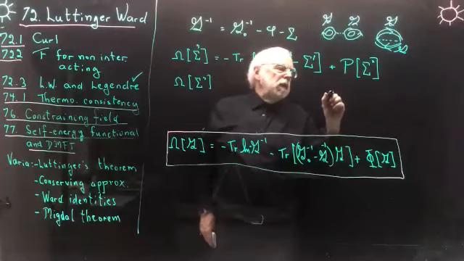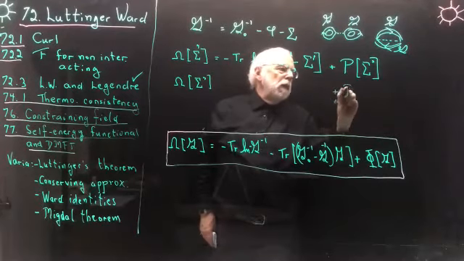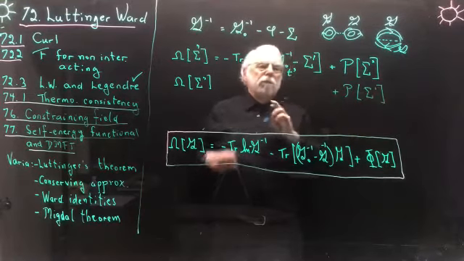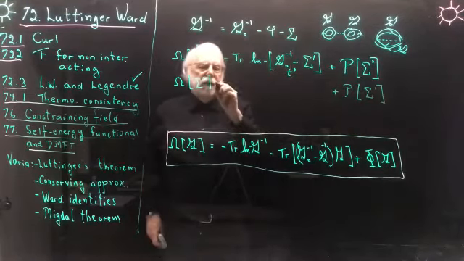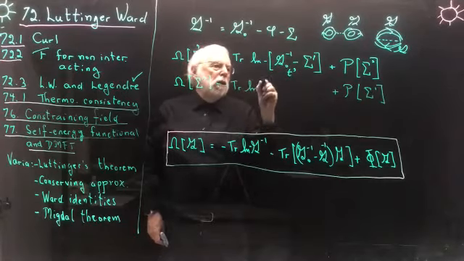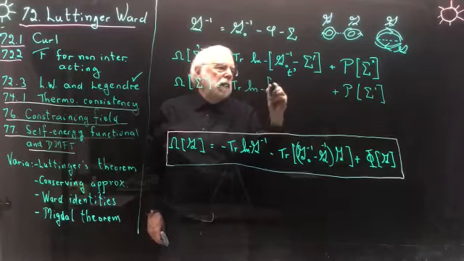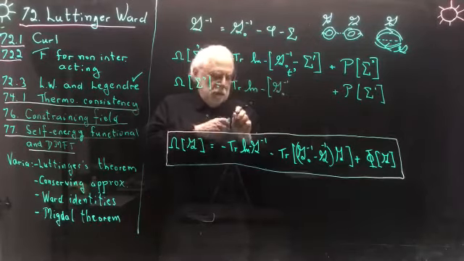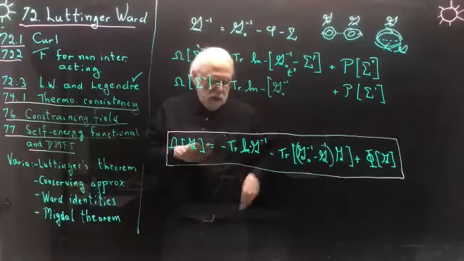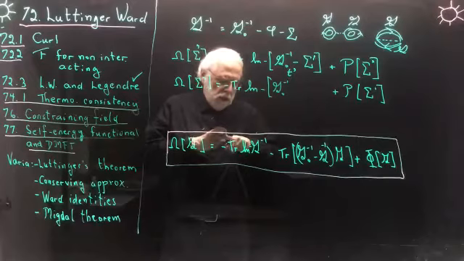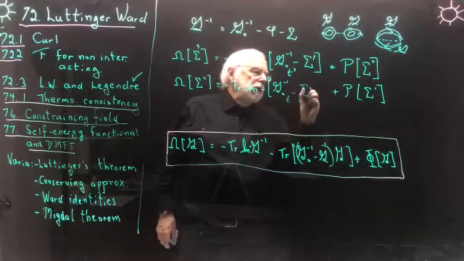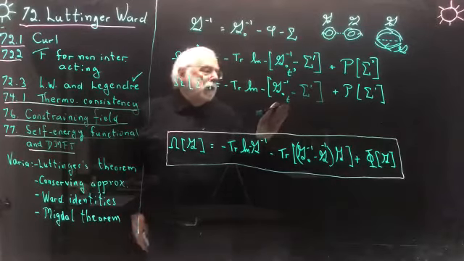So it has a P of sigma prime, and it has minus trace log of minus G0 minus 1 of T minus sigma prime. Okay, now this is the real problem.